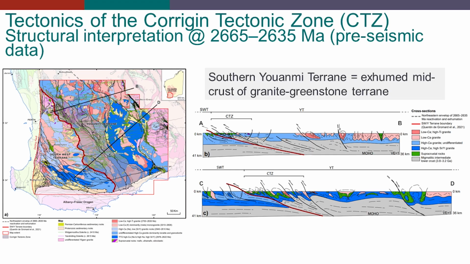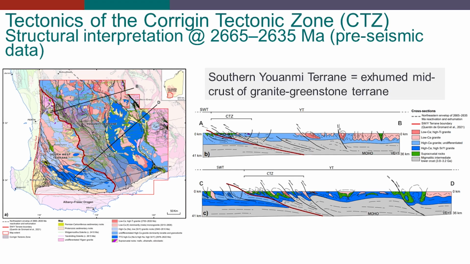And what we're seeing is that on the eastern part, we're looking at a typical Archean architecture, if there is really such a thing. But anyway, the point I want to stress is that we are looking here at the exhumed portion of a mid-crustal granite-greenstone terrane.